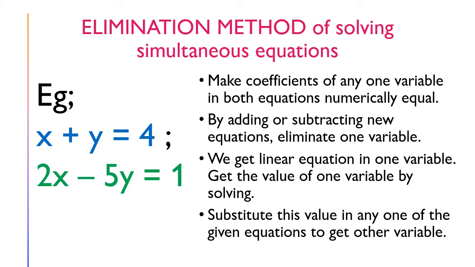When one variable is eliminated, you are left with only one variable, so we find the value of that variable by solving, and then whatever value we get, we substitute it in the equation to get the value of the other variable. Okay, so now let us proceed ahead.